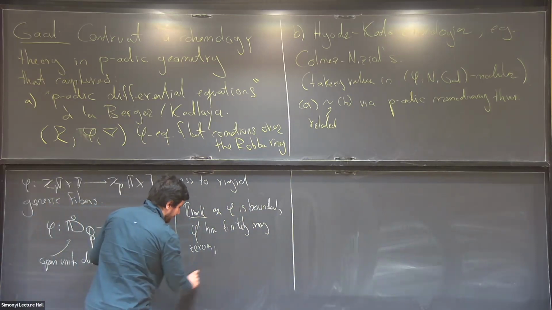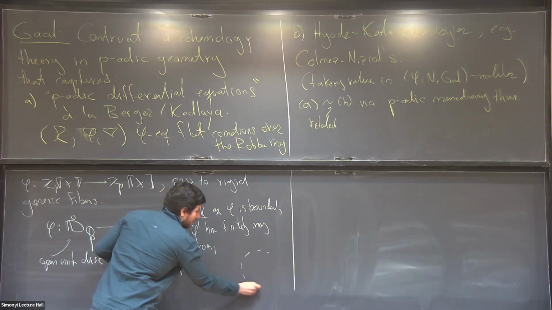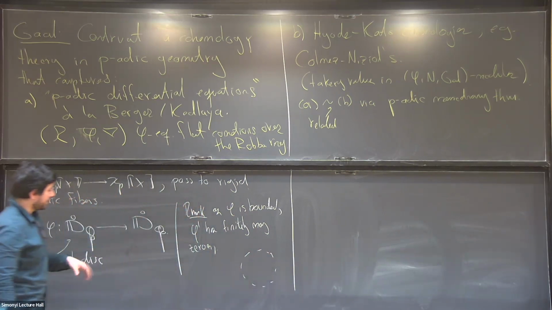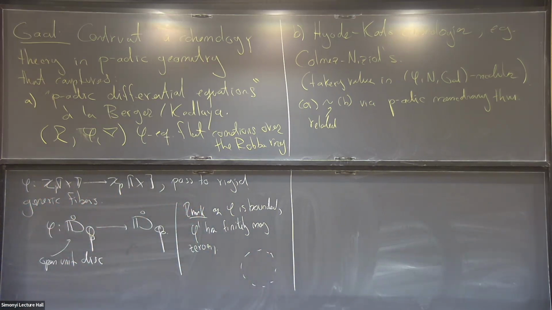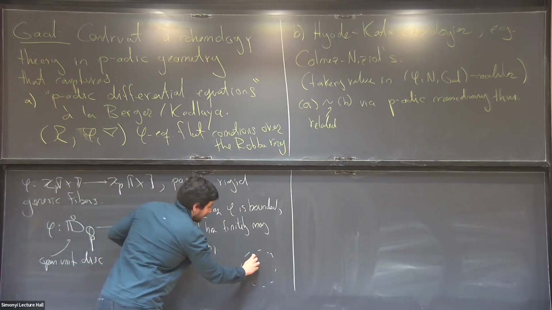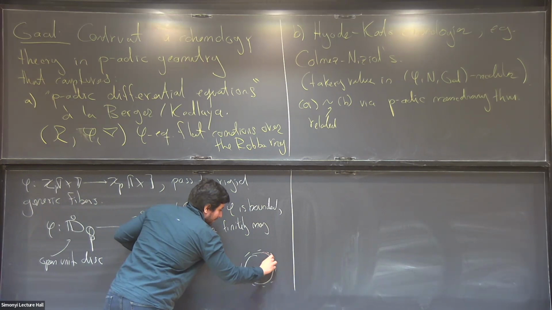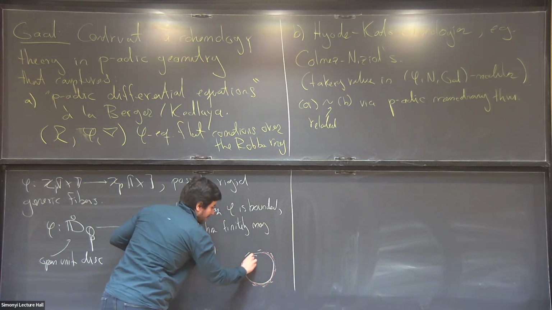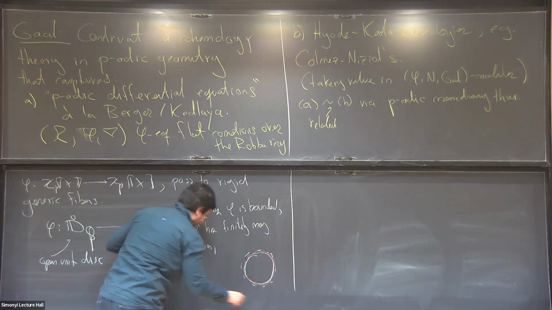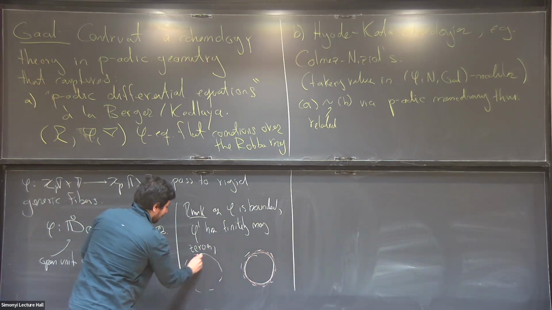This means that if we look at the open unit disk in the target and we restrict the map to just a curve around the boundary here, and well, we have the Frobenius here, so here we have the same, and the boundary will do some crazy stuff, but do something like that.